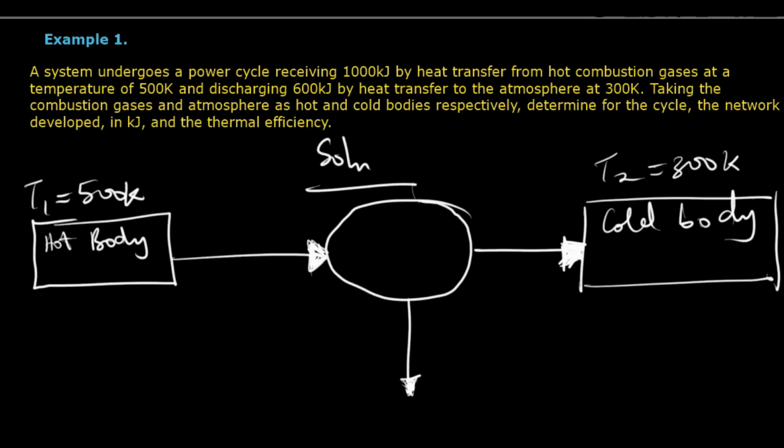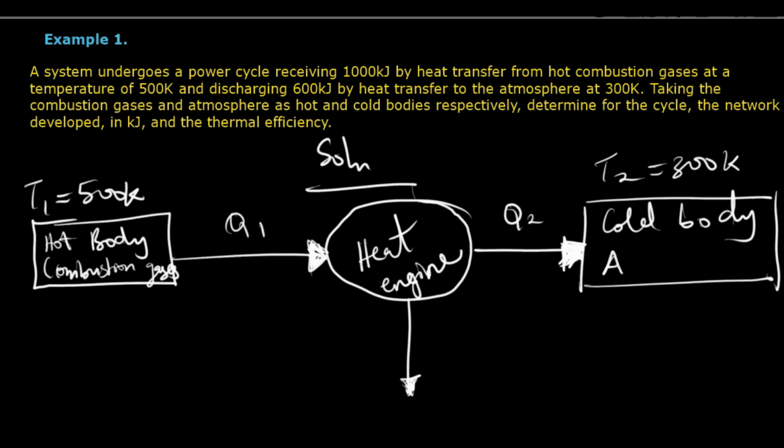Now the hot body is the combustion gases. This is our heat engine. A heat engine is an example of a power cycle. So heat engine, Q1, Q2 respectively, the atmosphere, which is our cold body.